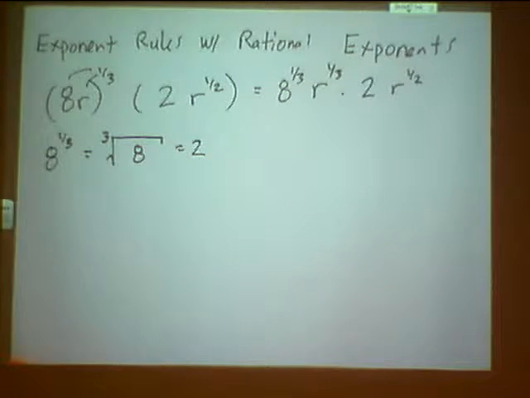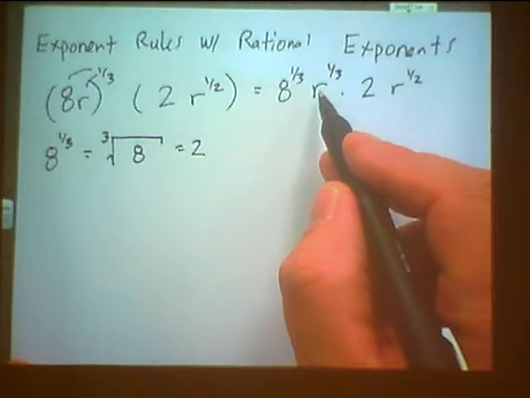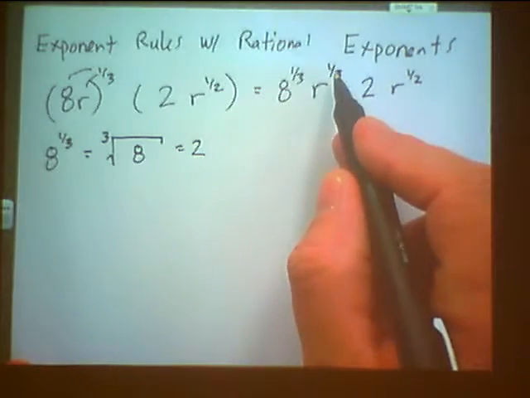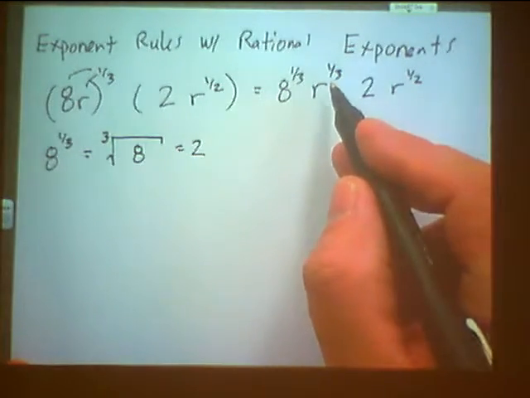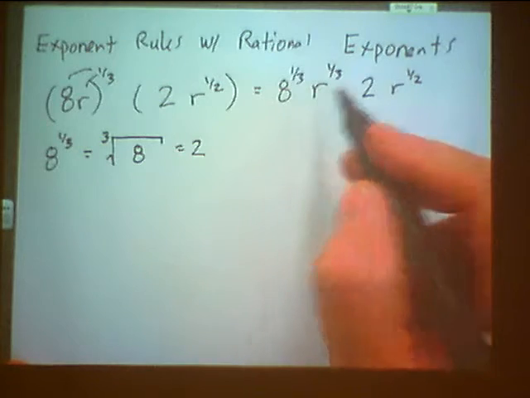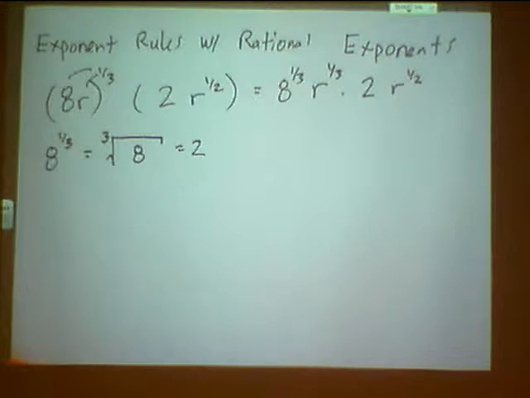Now at the same time, let's see what happens with r to the 1/3 times r to the 1/2. The product rule says when you multiply two exponents with the same base, you add the exponents. So r to the 1/3 times r to the 1/2 is going to be r to the 1/3 plus 1/2.